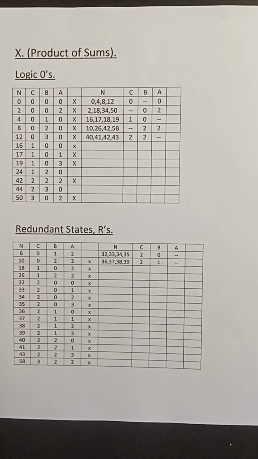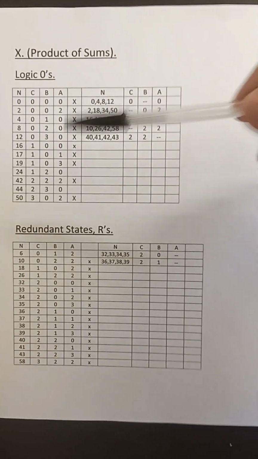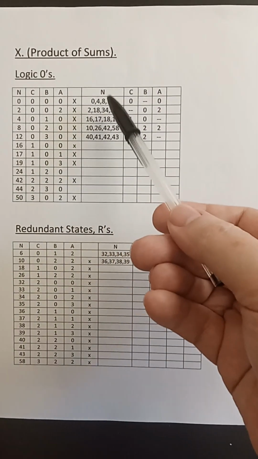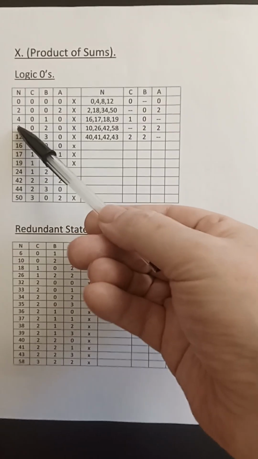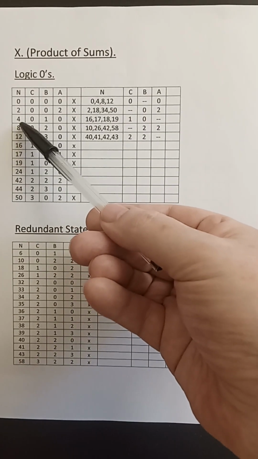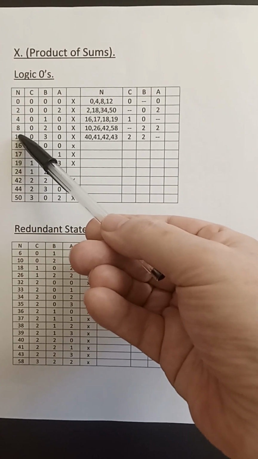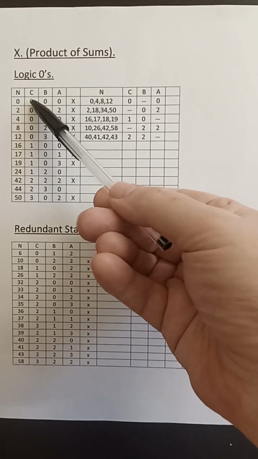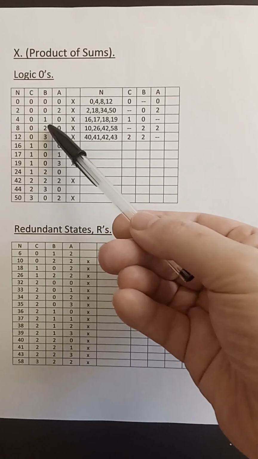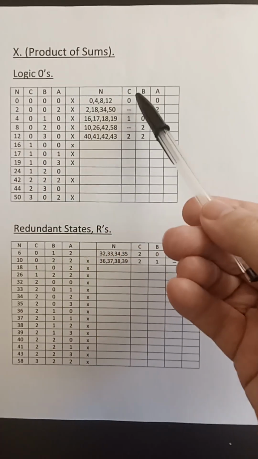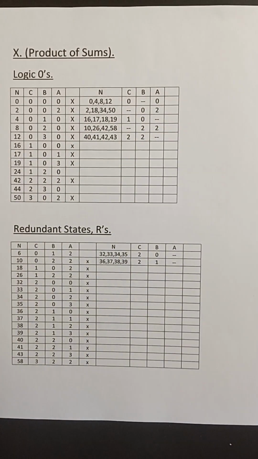So here we have a, b and c, n values, and if we go 0, 4, 8, 12, that's a 0 there, that's 0, 1, 2, 3 on b, so b is a dash, and a is a 0 in all four cases, so that's a 0.